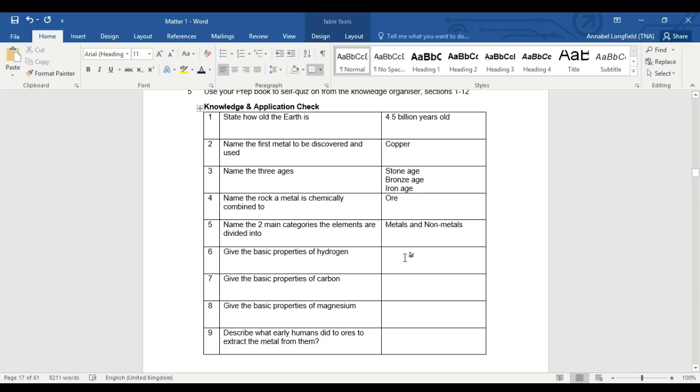The basic properties of hydrogen: it is a colourless, odourless gas, and it reacts with oxygen and carbon.